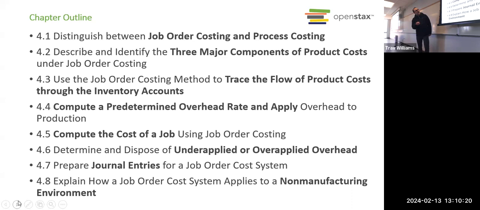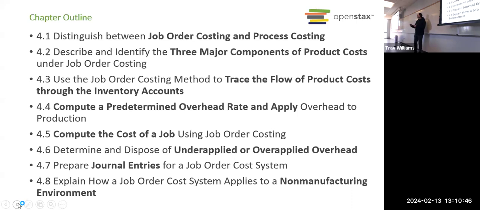And we'll look at how these costs flow through the different inventory accounts. Does anybody remember the three different phases of inventory? Pretty sure I've mentioned it once or twice. Inventory starts as raw material, right? If you're producing something, you start off with raw materials.